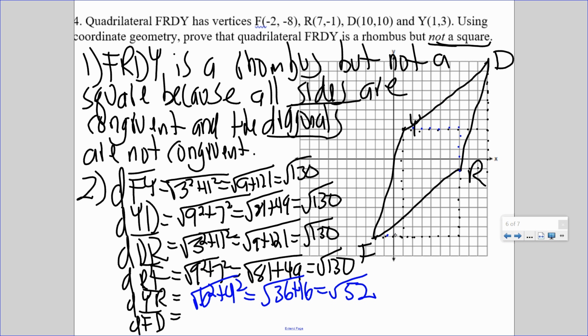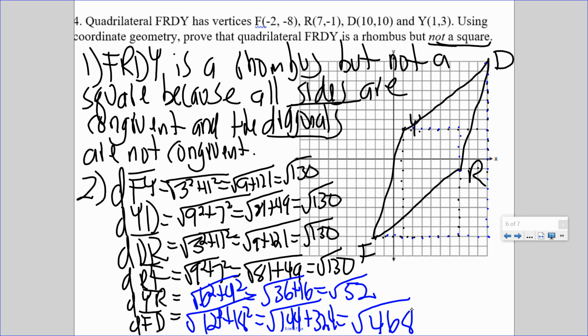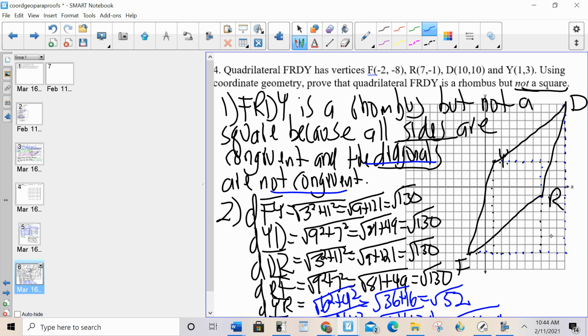FD is 12 and 18. 12 squared plus 18 squared, 144 plus 324, 468. I wanted to show that they are not congruent. I did. Now I tie everything together.